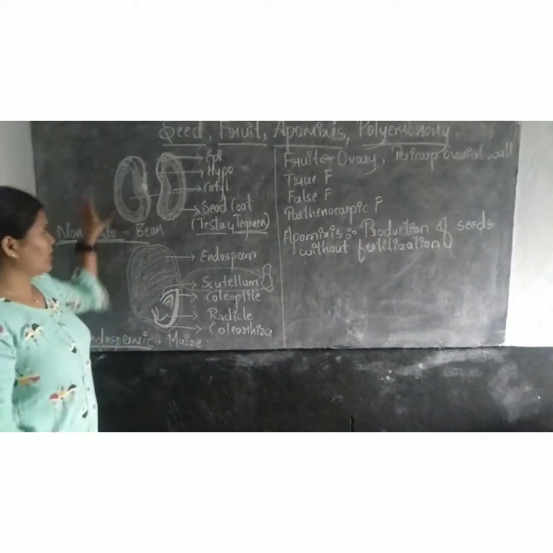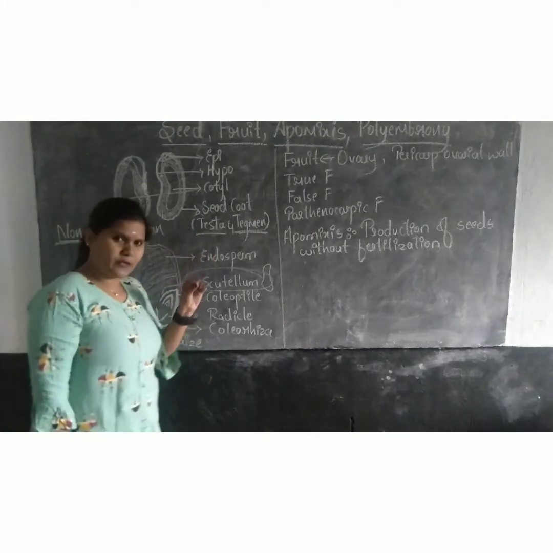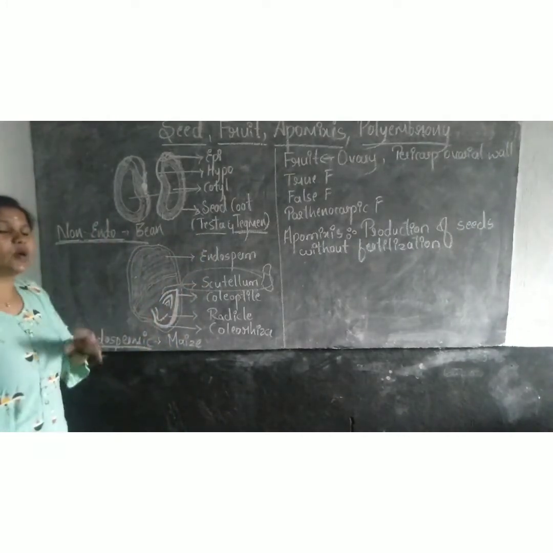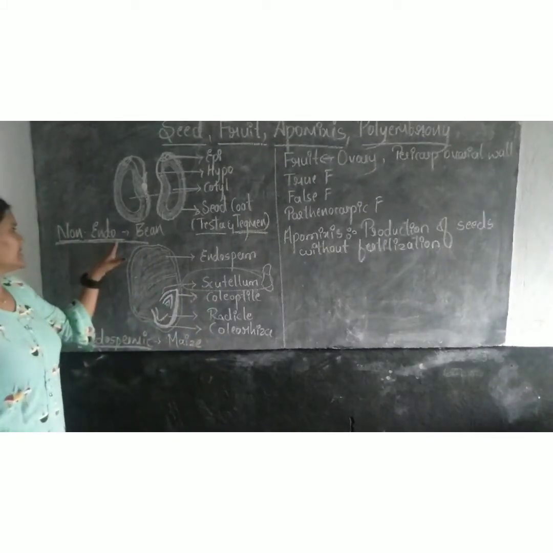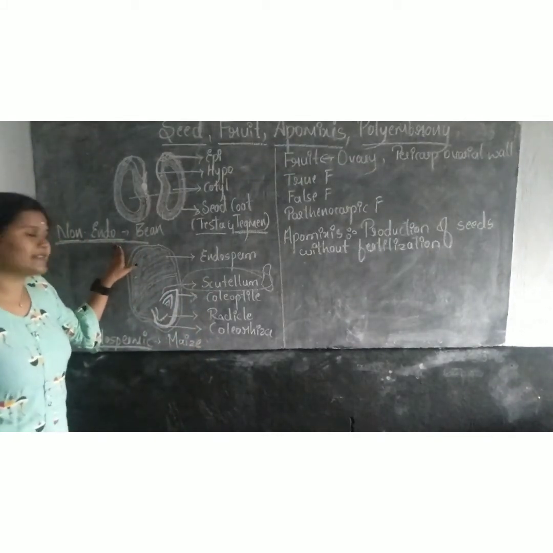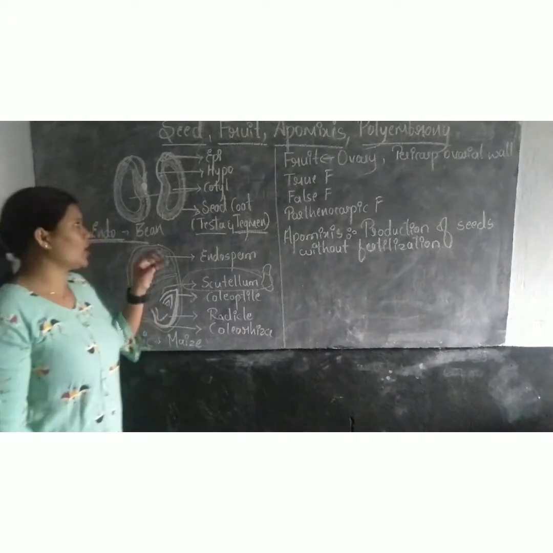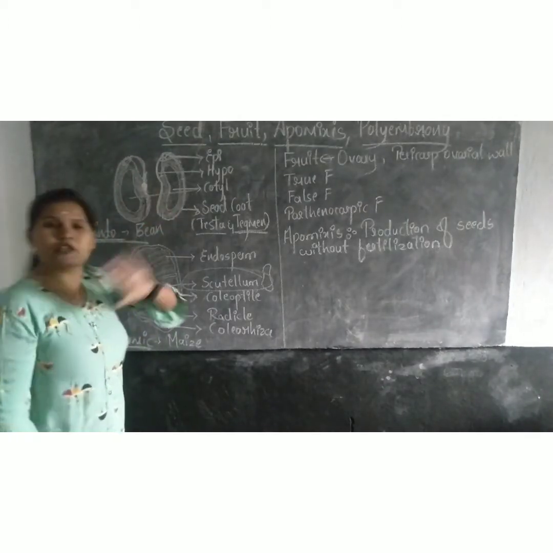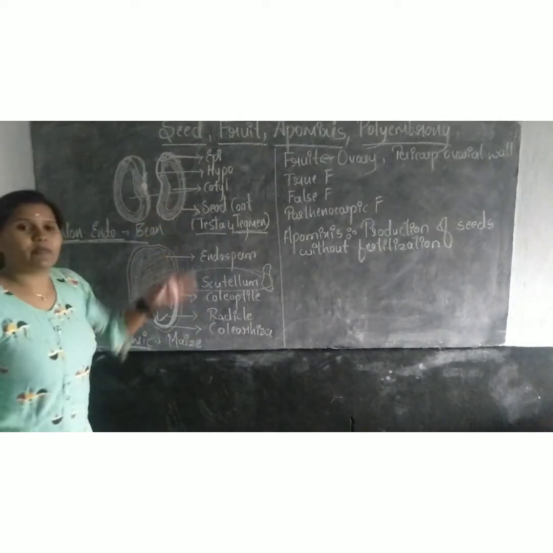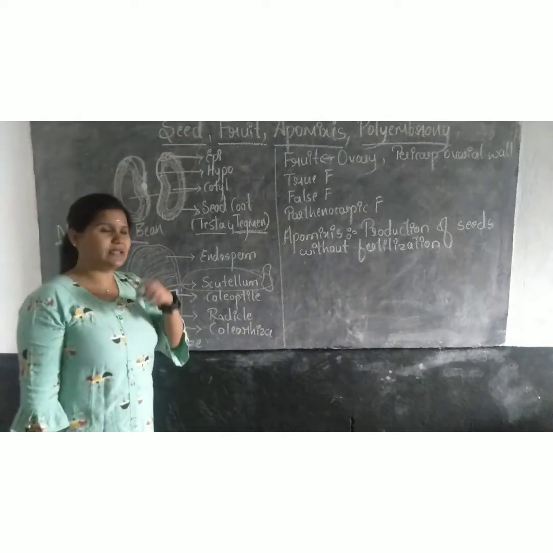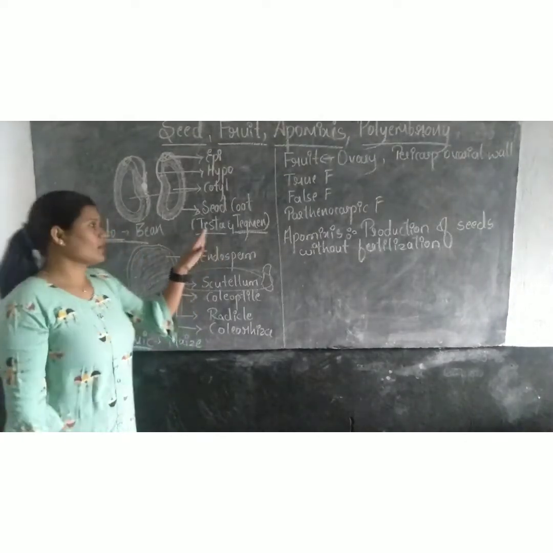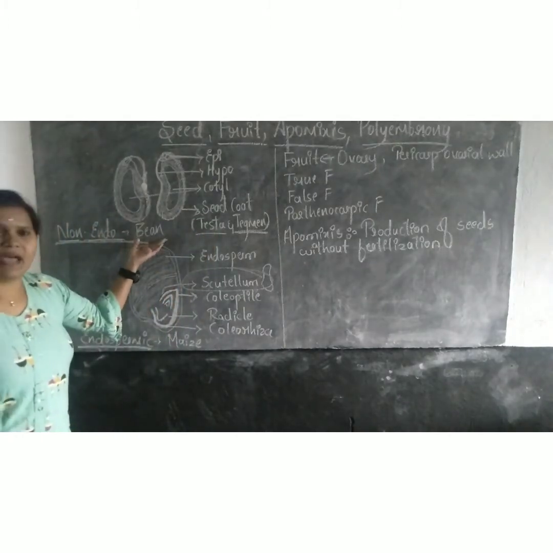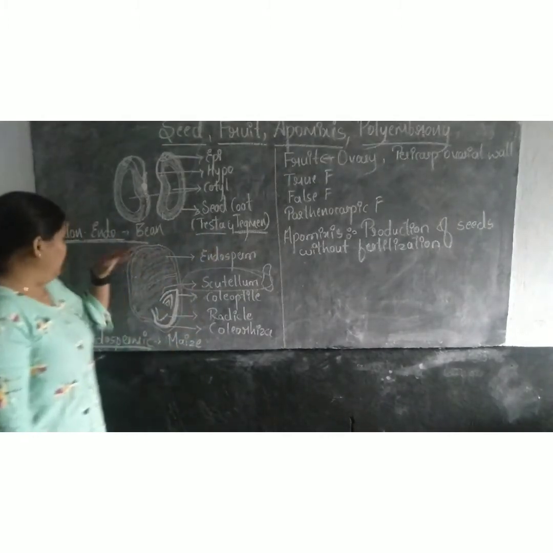The seeds which do not possess endosperm are called non-endospermic or exalbuminous seeds, because in those seeds the endosperm won't be present. It is fully consumed by the embryo. For example, bean and pea.